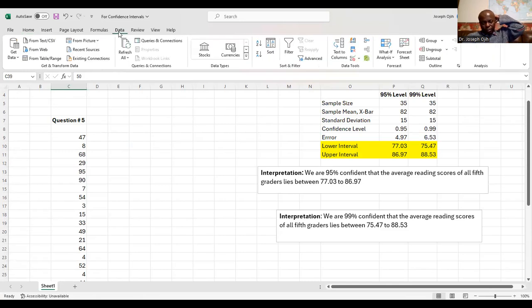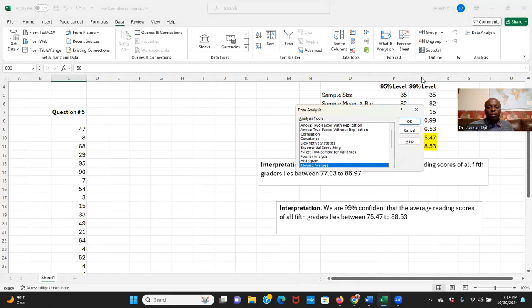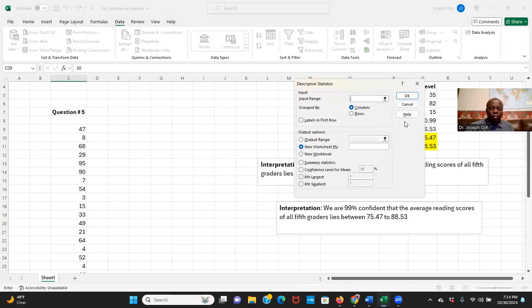Click on data. Okay. So please click on data first, and then choose data analysis. Double click on it to bring it up, and then you look at descriptive statistics. Yep, you click on that. Click OK.